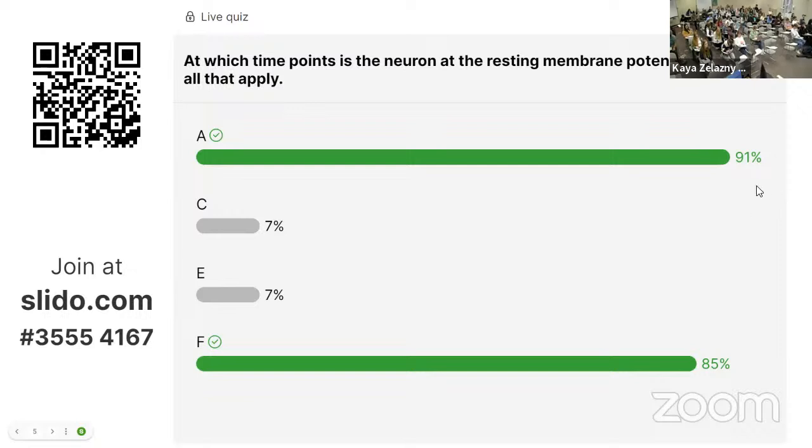We hit threshold, trigger the action potential, spike up to +30 during the depolarization phase, sink down past -70 as we flow through the repolarization phase and into this after-hyperpolarization. Then eventually we have that sodium-potassium pump equaling everything out, putting us back at our resting membrane potential so that we can do it all over again.